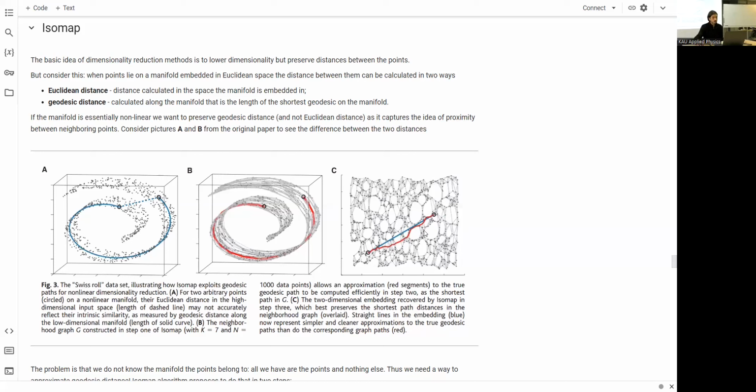And from those segments, I'm trying to make some sort of curve from one point of interest to another. Here you see in red such a collection of segments, and you might see that it's more or less close to the blue line that is the real distance on the unwrapped manifold.